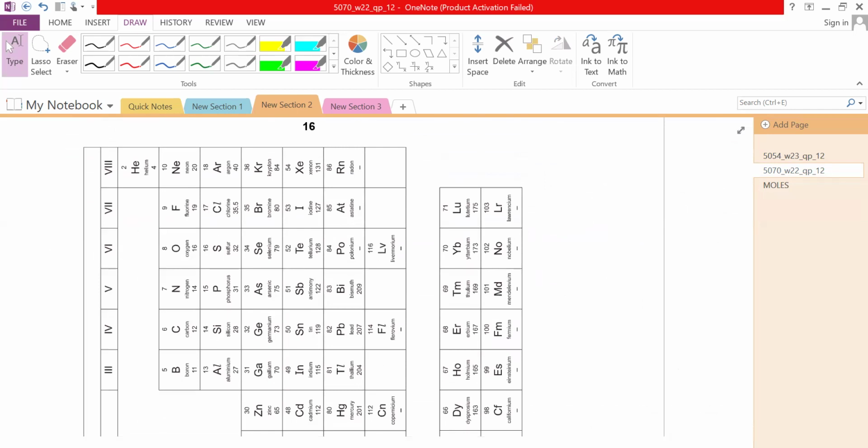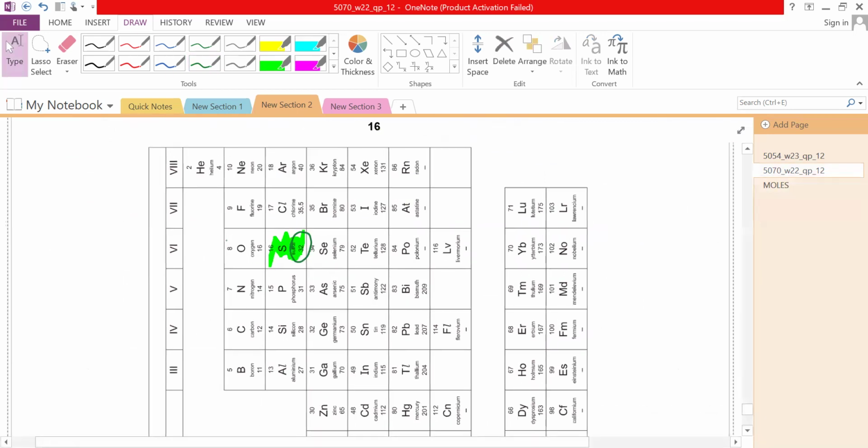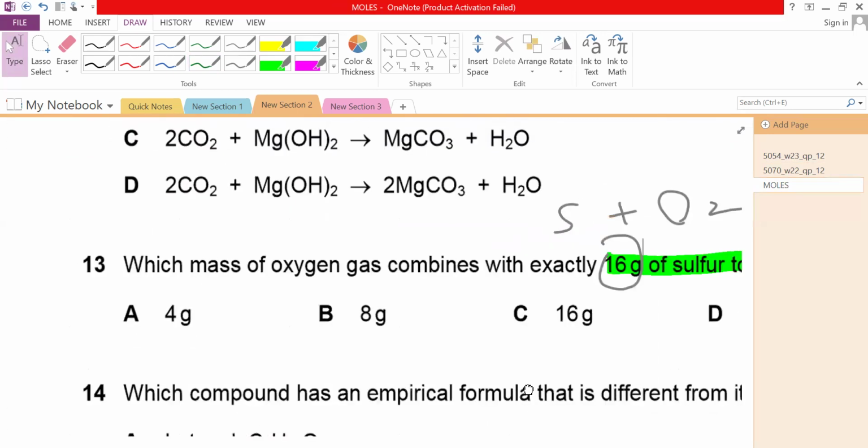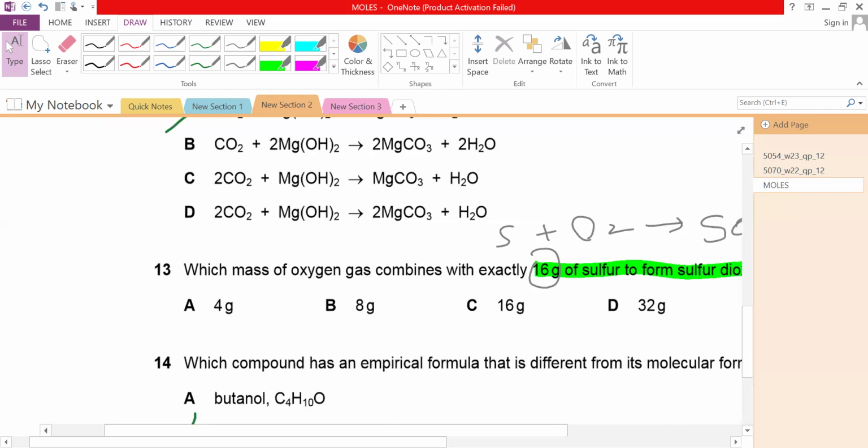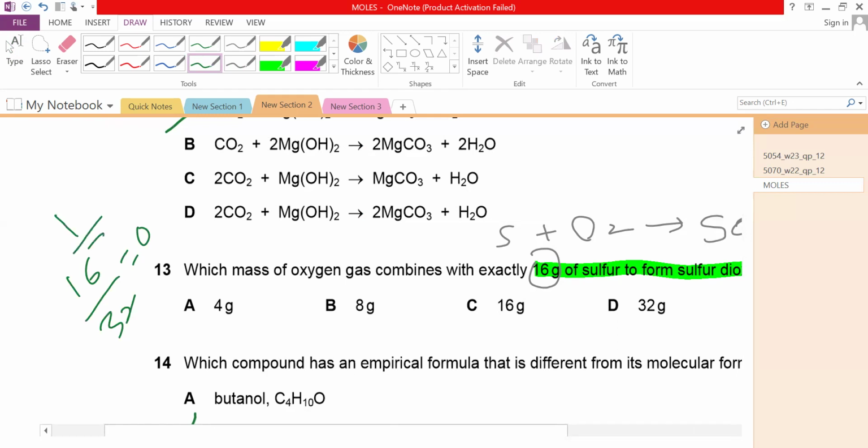Using the periodic table, you can find the Mr of sulfur, which is in group 6. The Mr of sulfur is 32, the bigger number. So 16 divided by 32 is 1 upon 2, which is 0.5. So the moles of sulfur is 0.5.